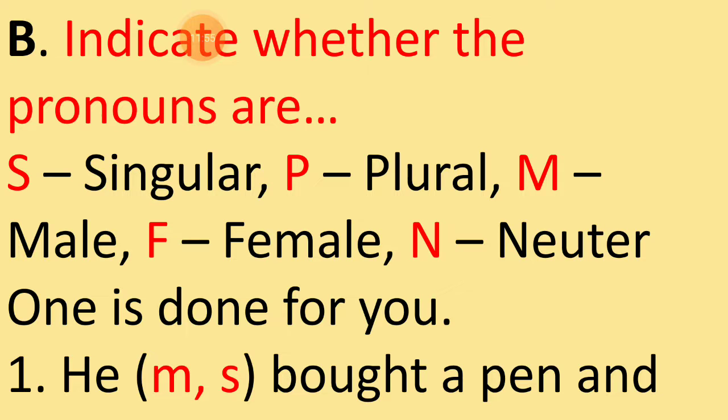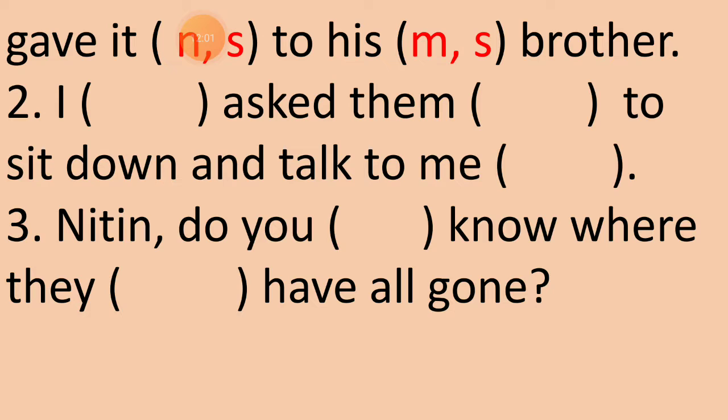So M and S we have written in the bracket. And gave it. So it is neuter gender and single in number. Okay. So we use N for neuter and S for singular.